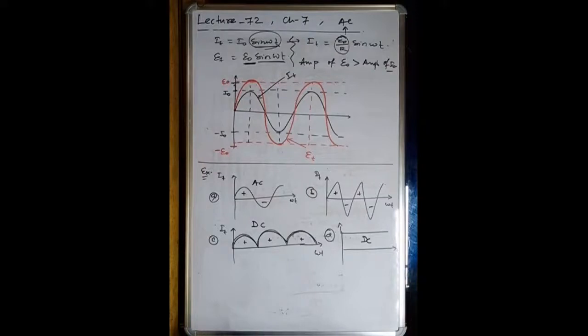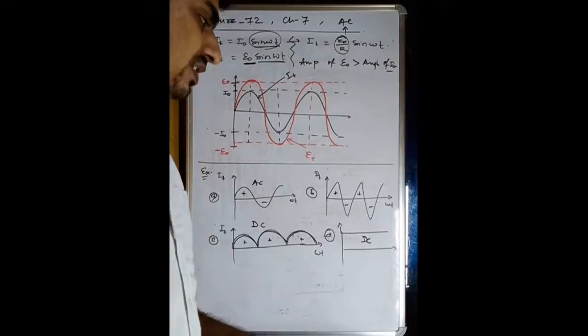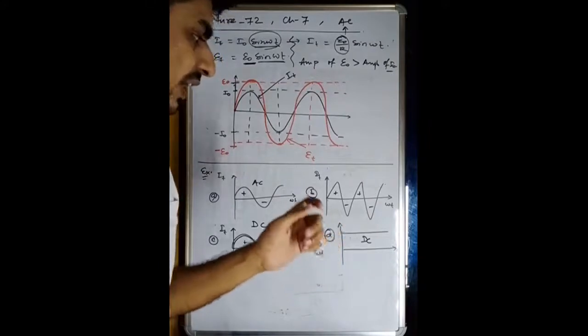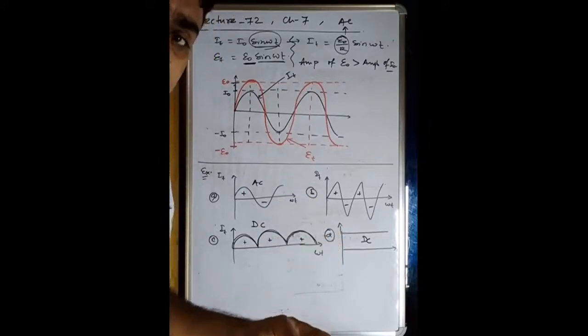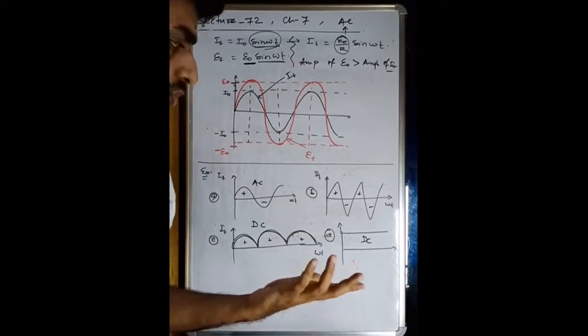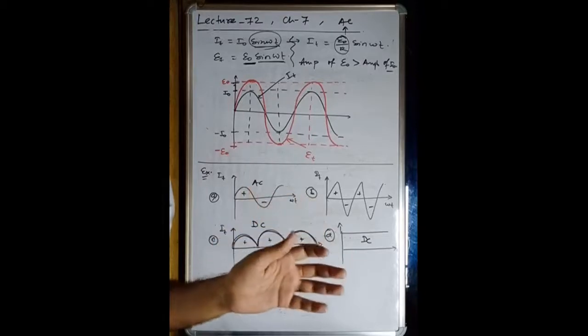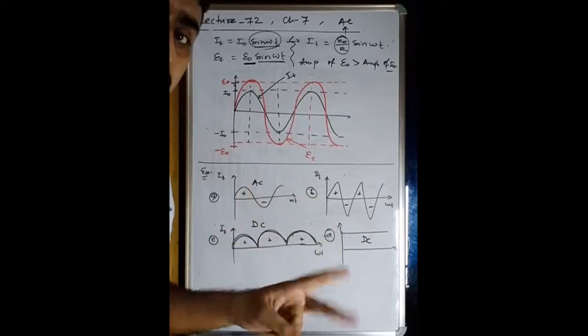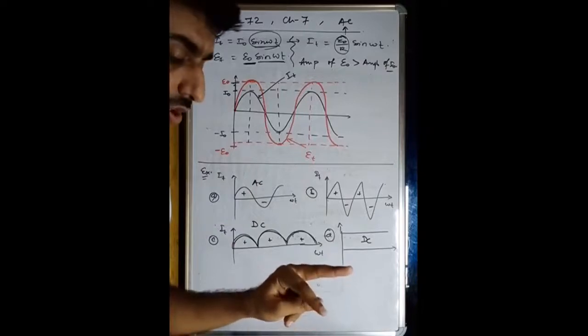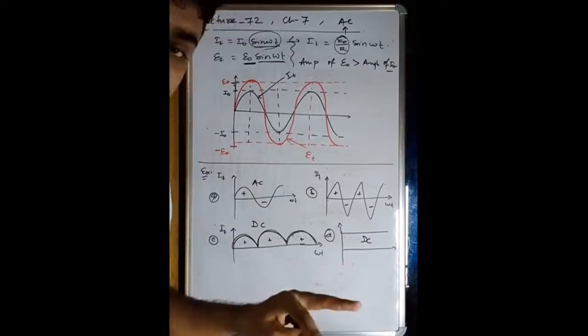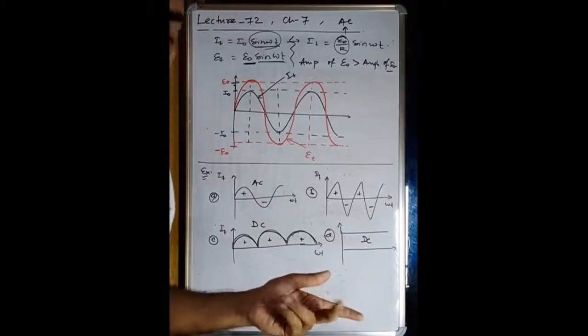Remember, my dear students, which is very important: the SI unit of alternating current and direct current, both are ampere. So it is a very important question how you will distinguish these two, or how you will correlate the SI unit of these two, if it is the AC current or the DC current.